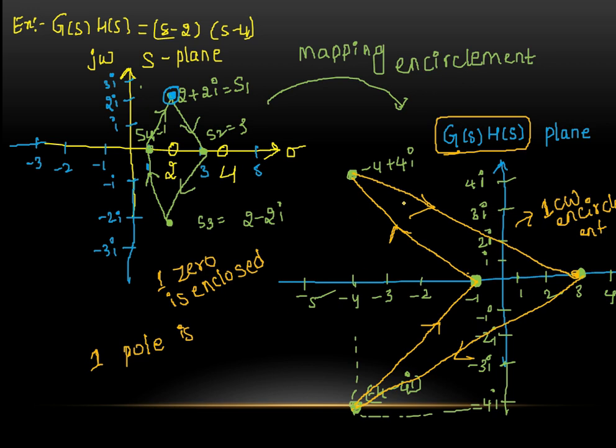Three poles are enclosed, then three anti-clockwise encirclements about the origin. In this way we are mapping the s plane into the G(s)H(s) plane. So with the help of these number of encirclements, we are going to find out the stability of the system by using the Nyquist criteria.